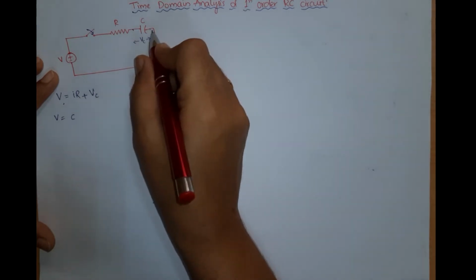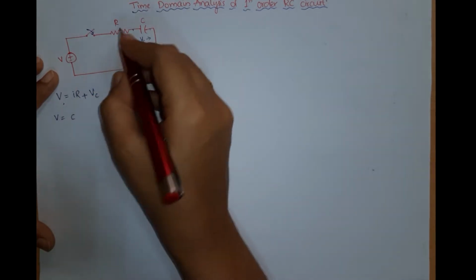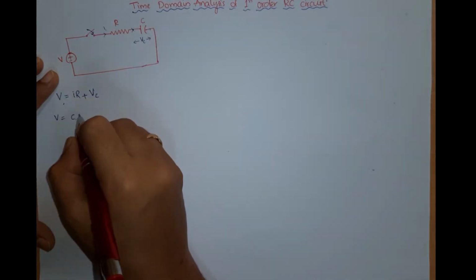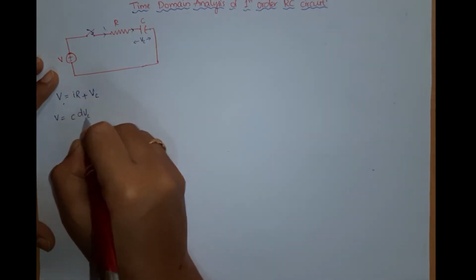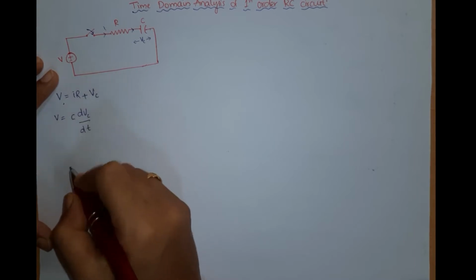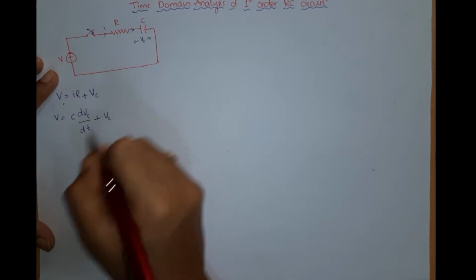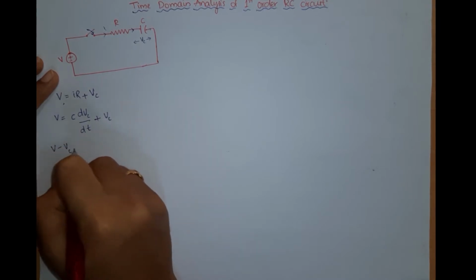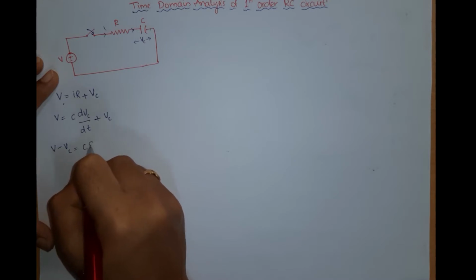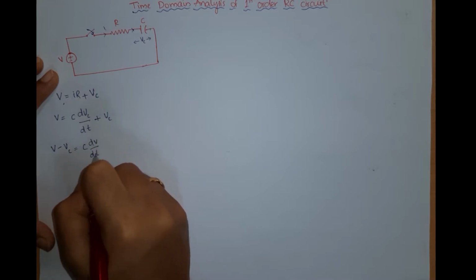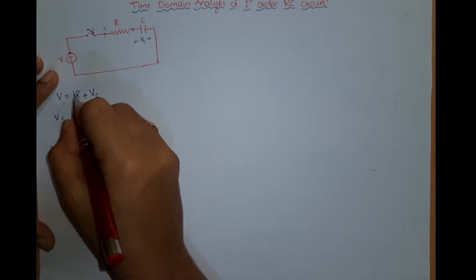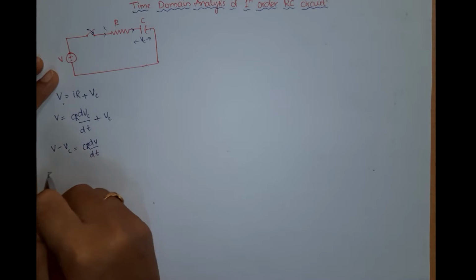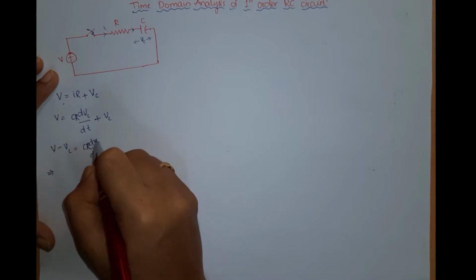Now I is nothing but the current flowing through the capacitor circuit, which is also flowing through the capacitor, so I can write it as C dVc by dt. Then bringing this VC to this side, I get V minus VC equals, sorry, there is R also, RC dVc by dt.